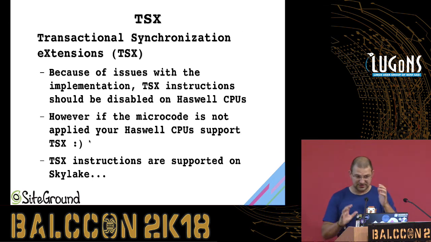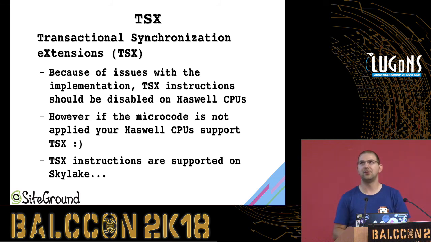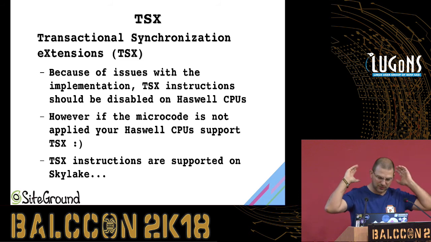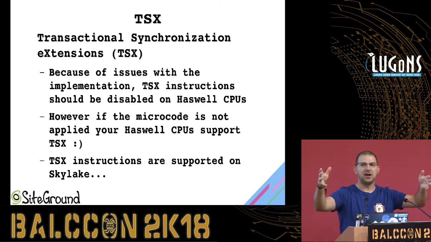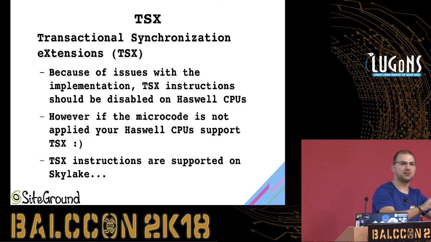The other thing that I didn't tell you about is the Transactional Synchronization Extensions of Intel. It's a nice way to actually synchronize multiple threads inside your application, but instead of synchronizing them in the kernel or in user space, you can say to the CPU: execute these instructions, and either finish the execution for all of the instructions or return nothing.